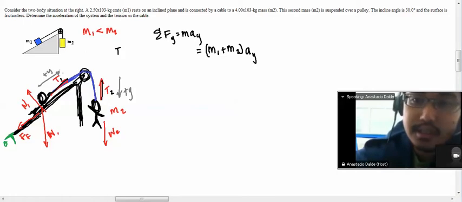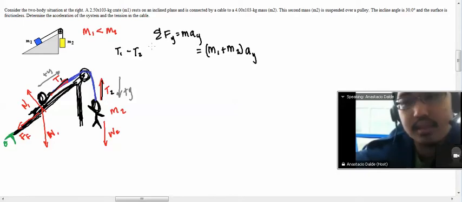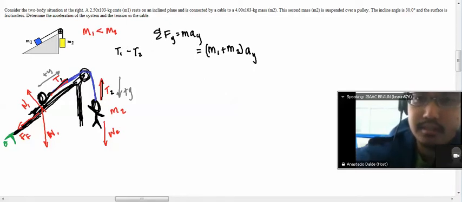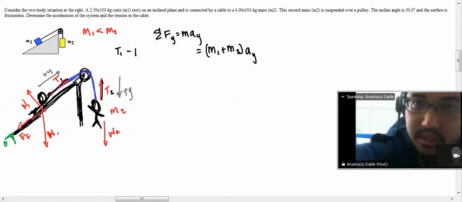Let's focus on the tensions. If we have this guy as tension 1, and he's going in the positive Y direction, tension 2 is going in the negative direction. But T1 is equal to T2, so that's 0. So essentially you only need to include tension if you're talking about just one object, not the whole system.